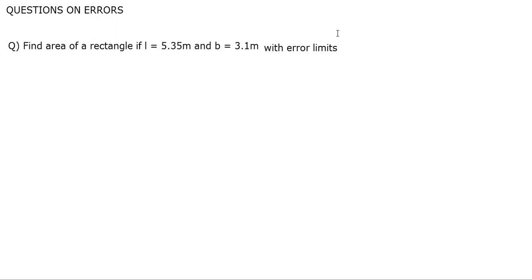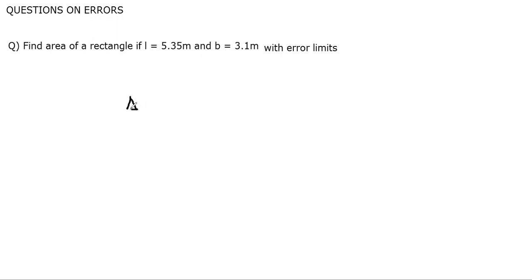Now the formula of area is multiplication, that is L into B. So the formula that we have to apply here should be the multiplication one. If you remember, that was delta x by x equal to delta a by a plus delta b by b. But we don't have x here. What we have is area, so I'm giving the name A to area.